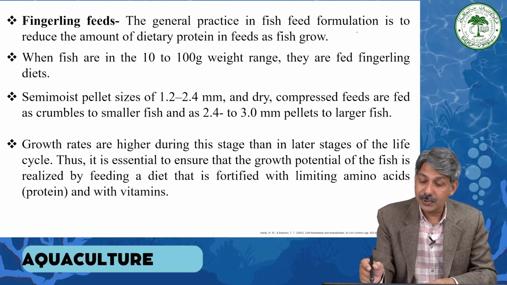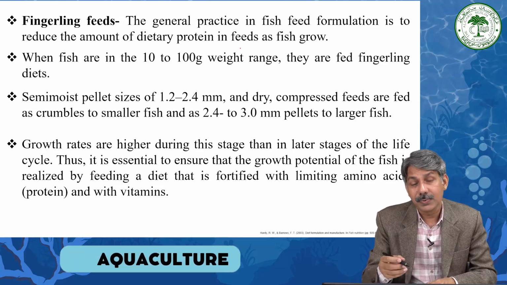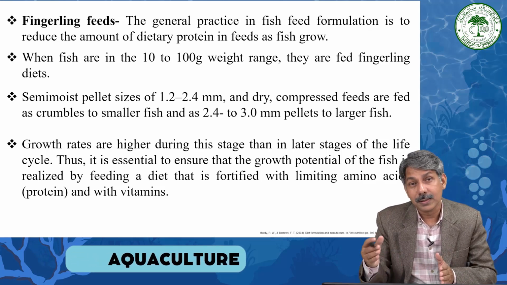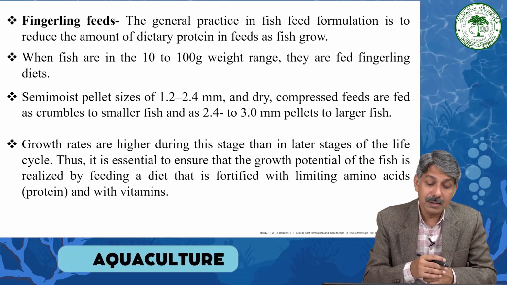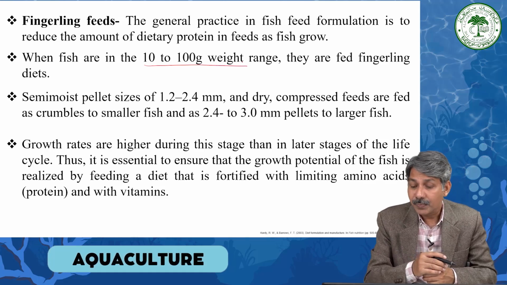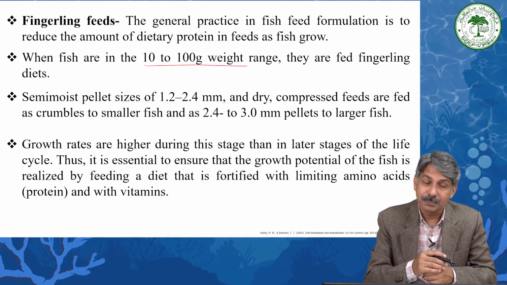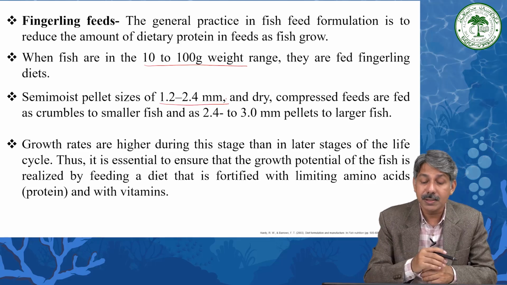The general practice in fish feed formulation is to reduce the amount of dietary protein in feed with the progress in age of the fish. So when fish are in the 10 to 100 gram weight category, they are fed fingerling diets. Semi-moist pellet sizes of 1.2 to 2.4 millimeter.